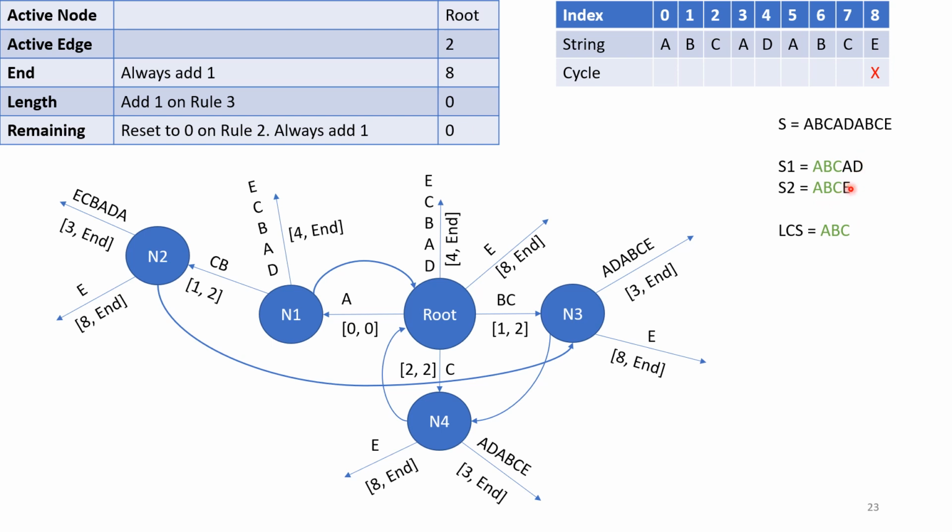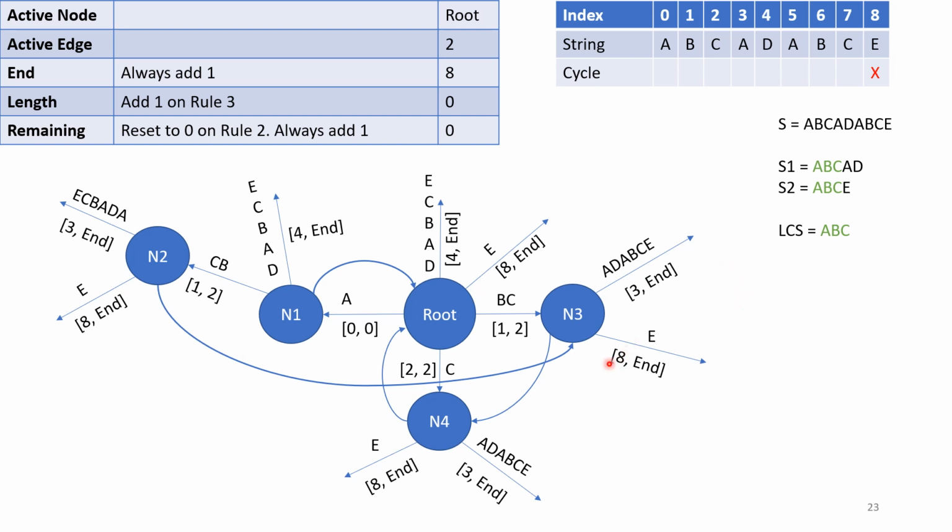Let's say that D and E are special characters that they won't have, so we can just concatenate them and we'll have the original string that we were using to construct this suffix tree. So if we construct the suffix tree of the two strings that we have in question, then we'll end up with something like this. And now we need to see if we can find the longest subsequence. So how can we do that?